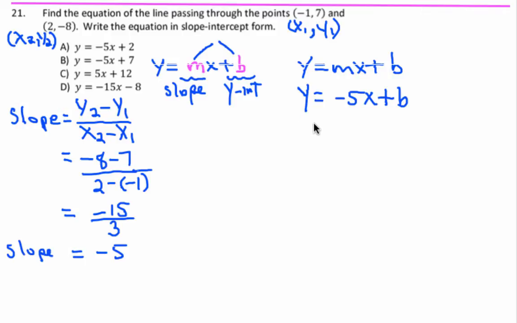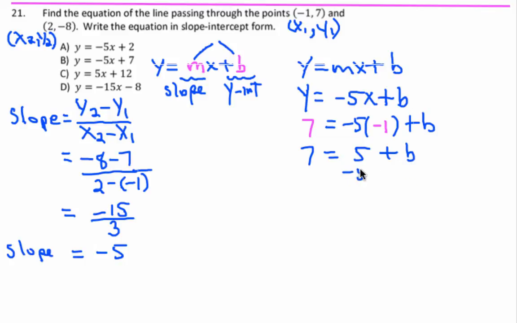So we'll plug that in here. And the x is negative 1. Now we can solve for b. So we have 7 equals 5 plus b. Remember, when you multiply and the signs are the same, the result is positive.